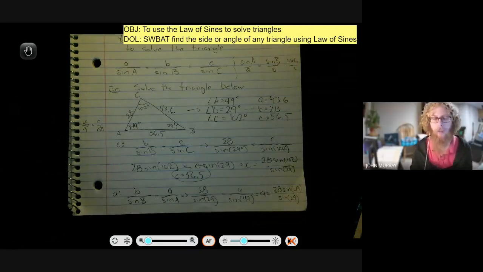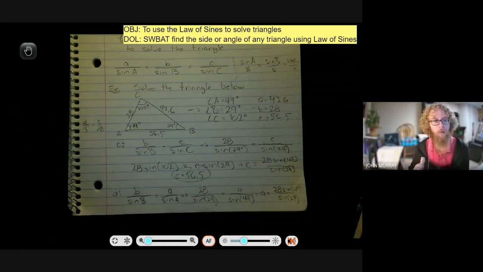Okay, so one last thing that I want to talk about for today is a way to check your answers without doing intense math. So we came up with all the missing pieces. What's nice about triangles is the relationship between angles and their opposite sides. With triangles, the largest angle is going to be opposite your largest side, right?